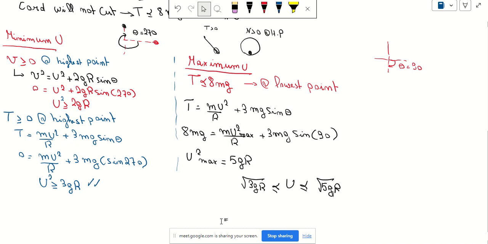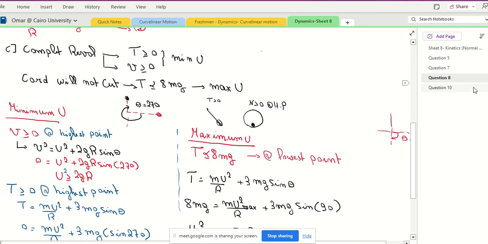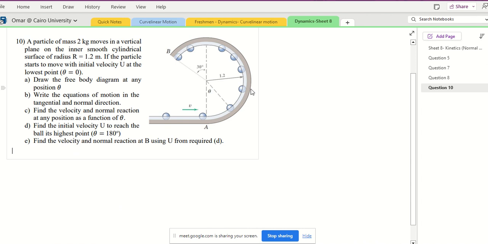Okay, guys. For the last question, I will not solve it completely. I will pass you the answer in the PDF, okay? But we'll just see if they have another idea that wasn't covered during the previous one, or if it's the same.